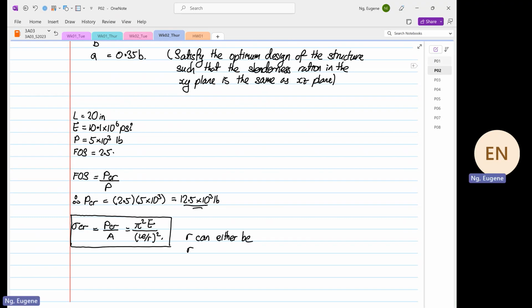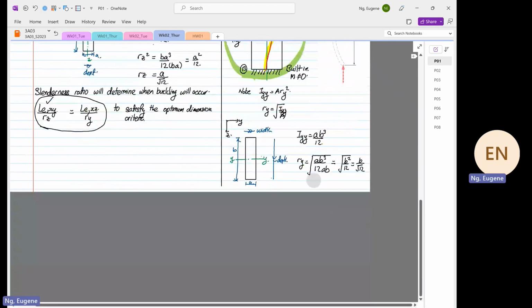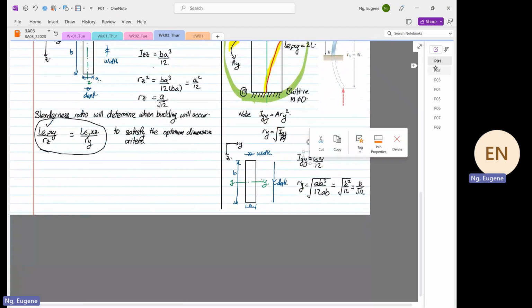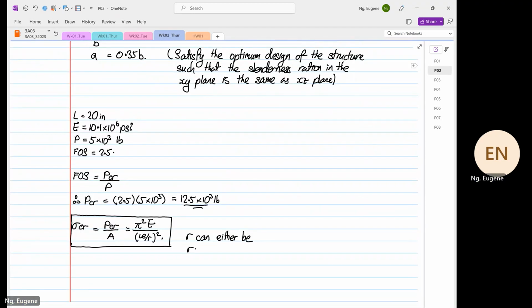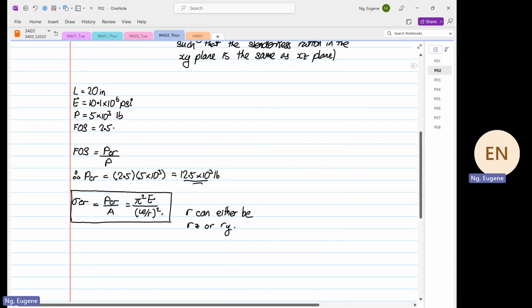Hold on, is it RZ? I can't remember. It can be RZ or RY. So we have to be cautious. Now we know that area is going to be the same.